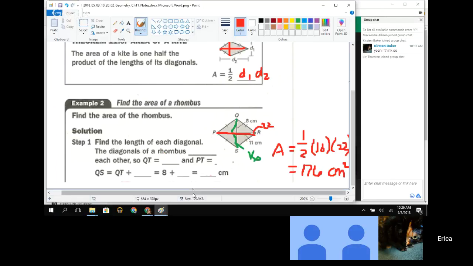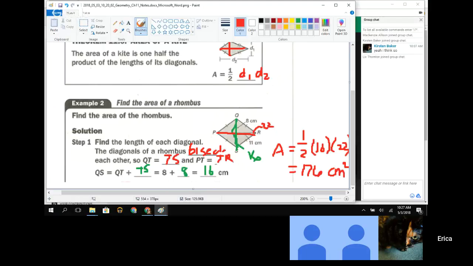If you want to fill in the blanks, if you want to follow along, it says, find the length of each diagonal. The diagonals of a rhombus bisect each other. So QT equals TS and PT equals TR. So QS, basically this green line, equals QT plus TS, which equals 8 plus 8, which is 16, which is kind of what we did.